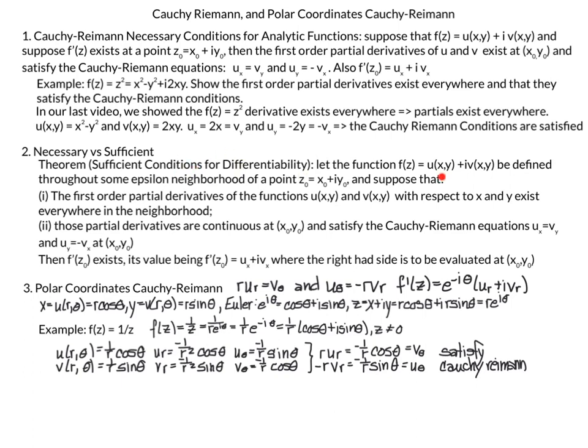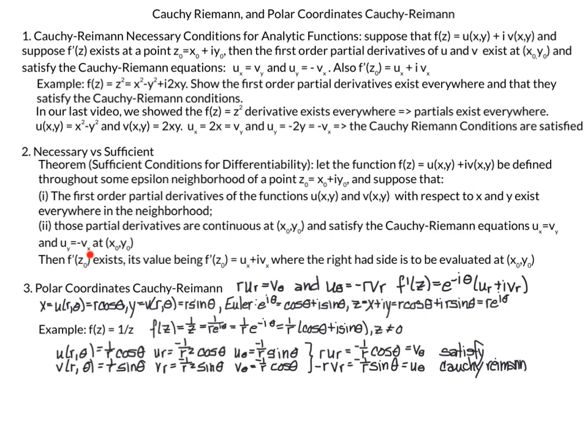First, suppose the first order partial derivatives of the functions u(x,y) and v(x,y) with respect to x and y exist everywhere in the neighborhood, so the partials exist, and those partials are continuous, that's the second kind of condition, and last, they satisfy the Cauchy-Riemann equations, then we can say that f prime at z naught exists.